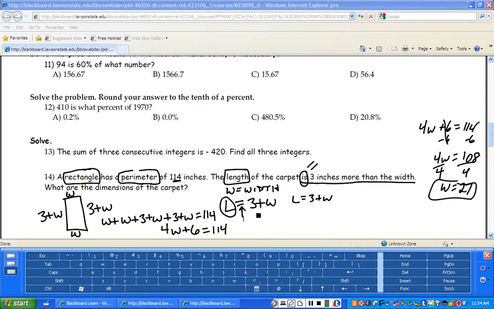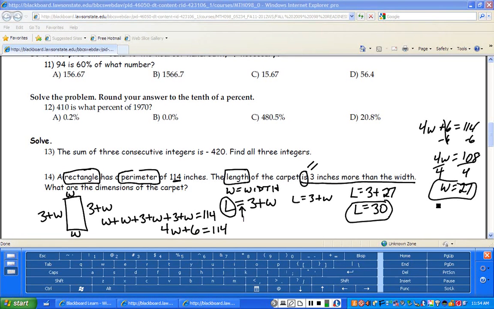Well, we said length is 3 more than the width, and we said the width is 27. So 3 more than 27, length has to be 30. So the width is 27, the length is 30, and we check it out.